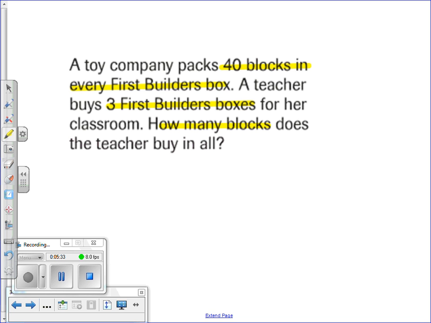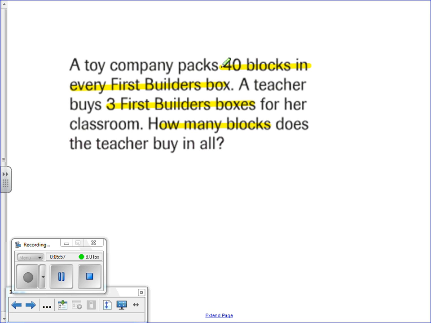Okay, there's our important information that I've highlighted. So now you have to decide what to do with that information to get to an answer. 40 blocks in each box, 3 boxes. How many blocks in all? Tell me what you did to solve and the answer that you got.